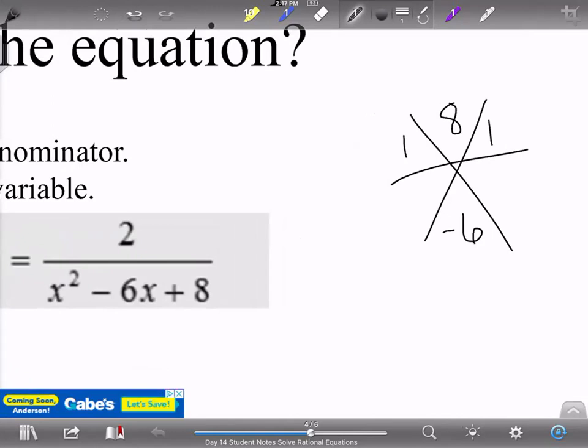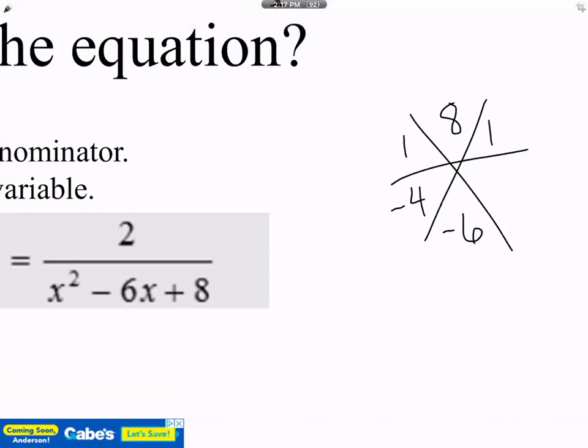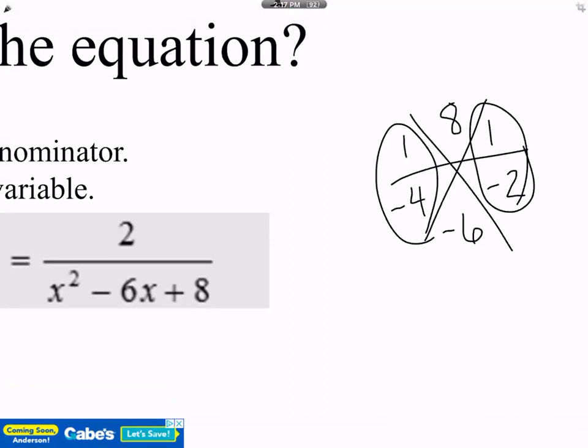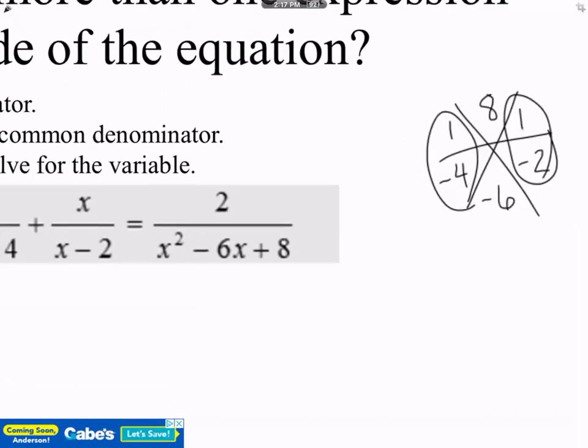Then I'm looking for two numbers that multiply to give us 8, but add to give us -6. Hopefully you see that's -4 and -2. Those multiply to give us +8, but add to give us -6.